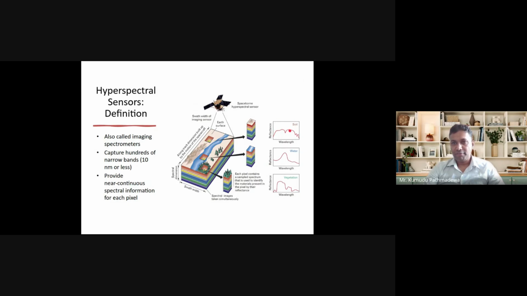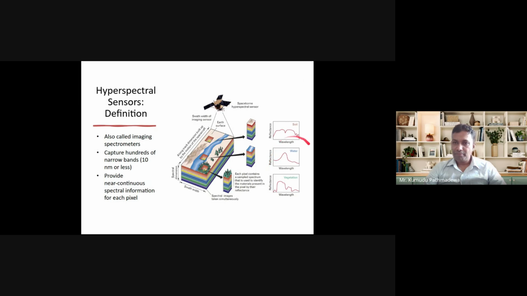We have data on each and every wavelength band. This is wavelength, and this axis shows the reflectance. So you can see we can get a continuous graph in hyperspectral images. For every wavelength we have data, so we can clearly draw this graph.